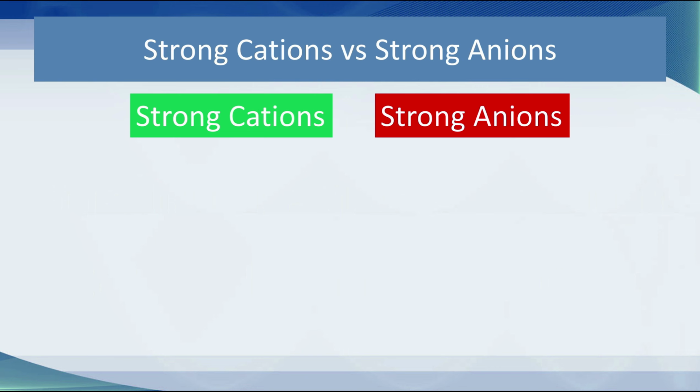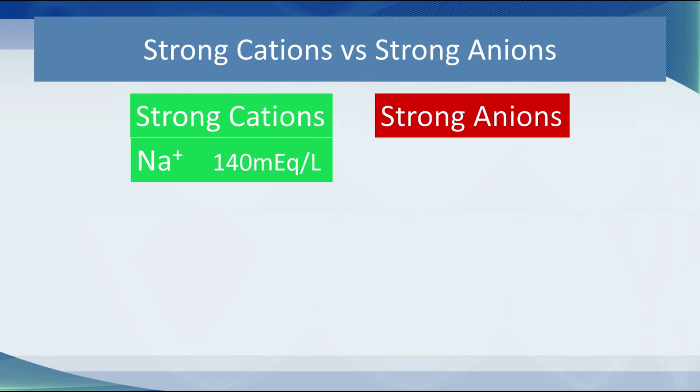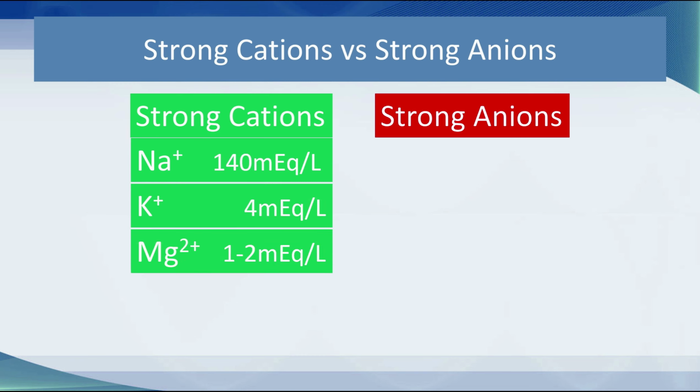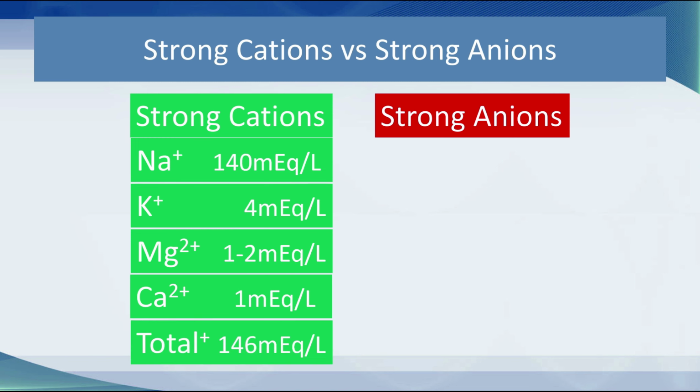So in our bodies, we have both strong cations and strong anions. The cations are sodium, 140 milliequivalents per liter, potassium about 4 milliequivalents per liter, magnesium 1 to 2 milliequivalents per liter, and calcium 1 milliequivalent per liter, to a total charge of 146 milliequivalents per liter.